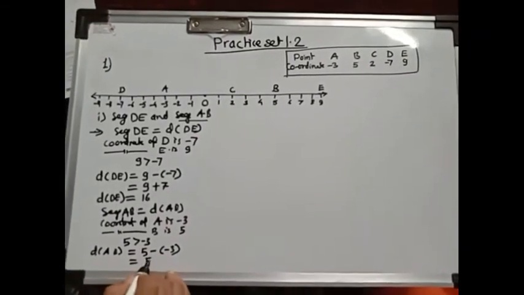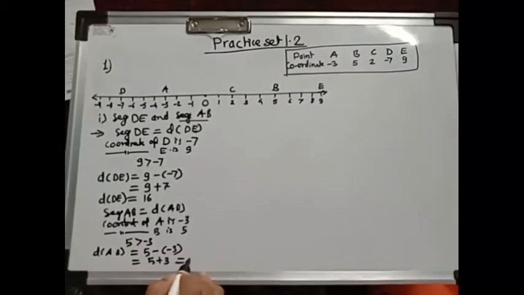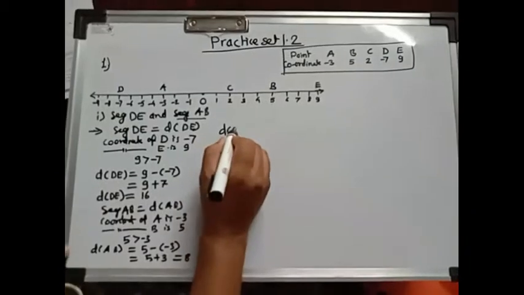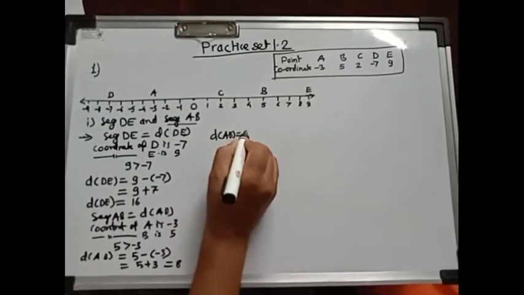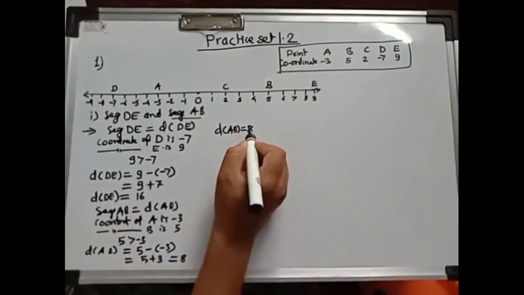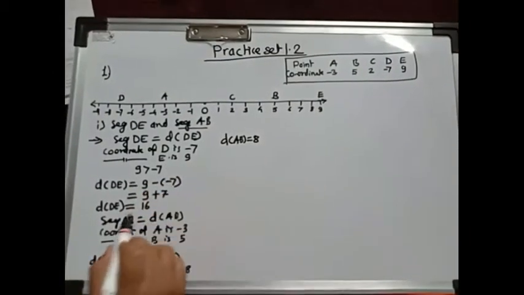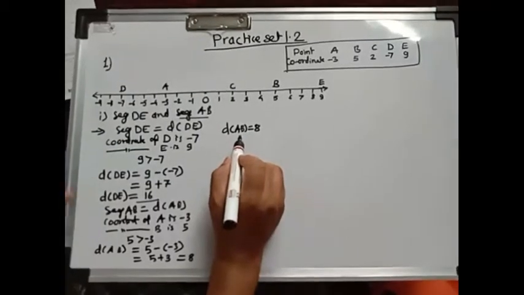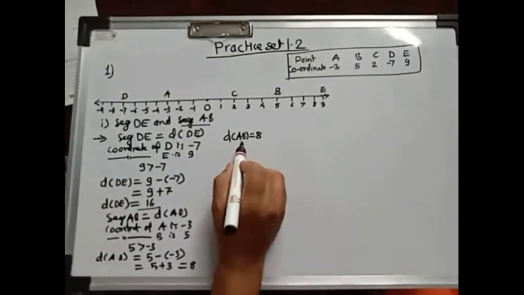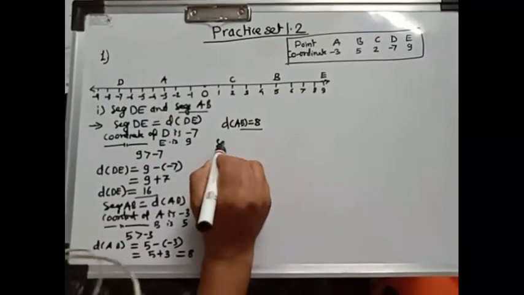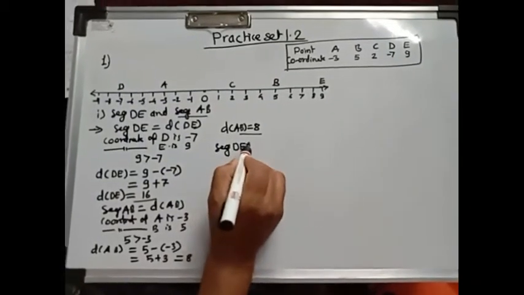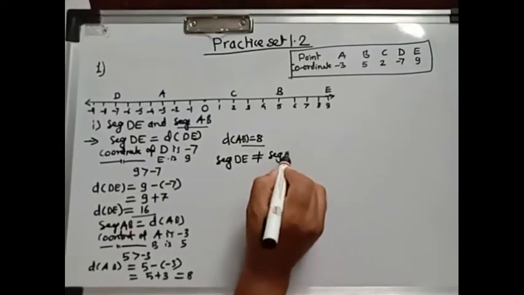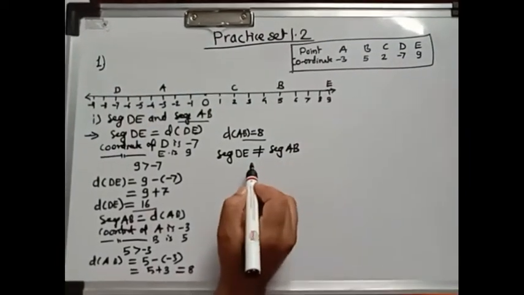What do we get? 5 plus 3 is equal to 8, so the distance of AB is 8. So the distance of DE is 16 and the distance of AB is 8. This means segment DE is not congruent with segment AB. So this is your answer.